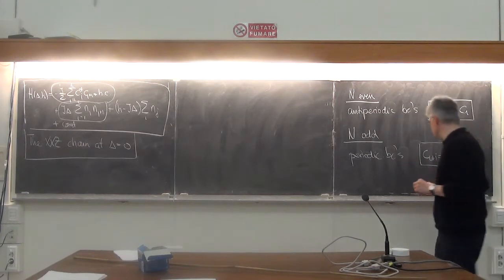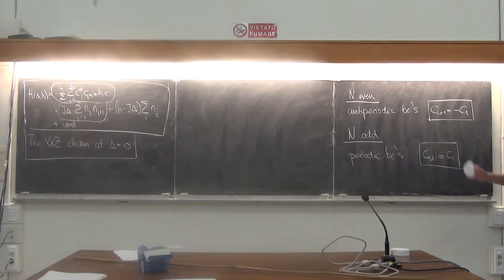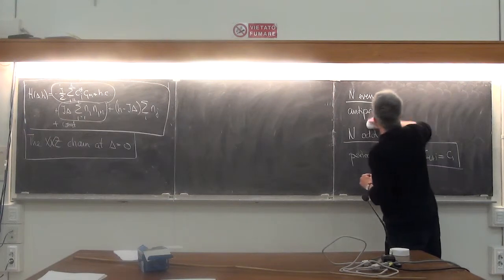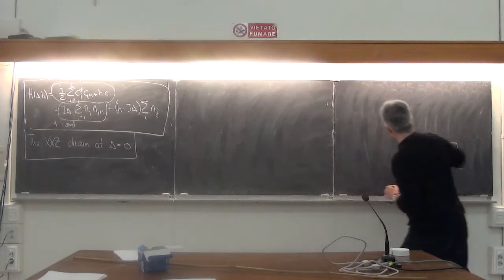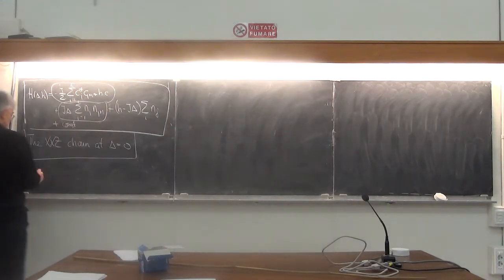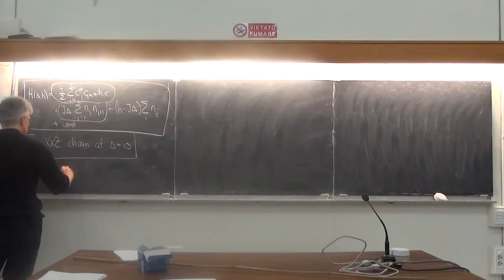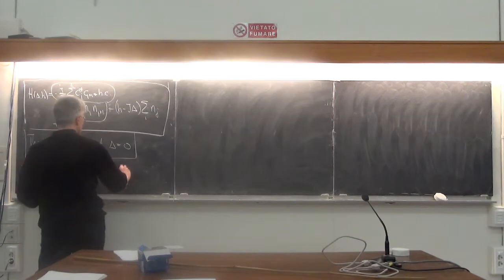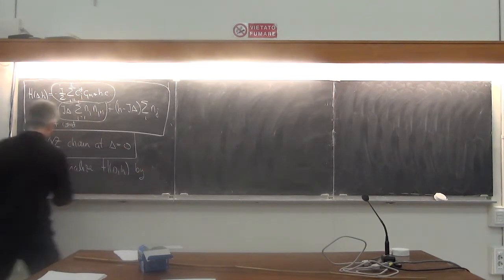But the kinds of things I will do are probably not things you have thought about before. So if delta is equal to 0, we can diagonalize h_0, little h, by Fourier transform.